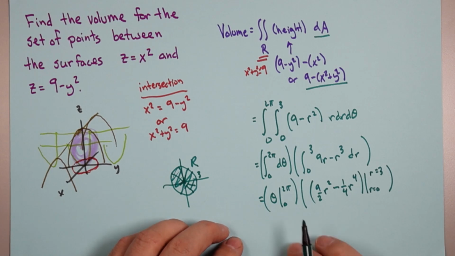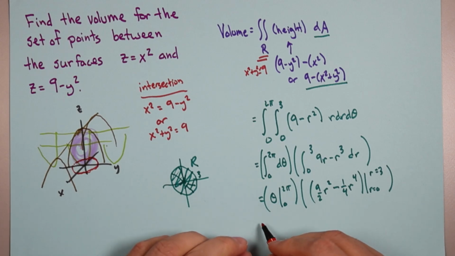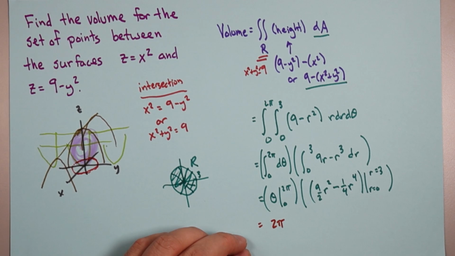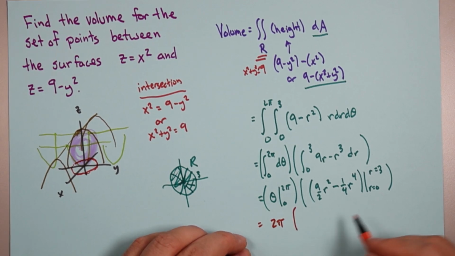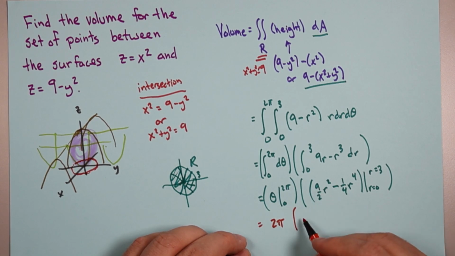All right, almost there. To finish it off, for the first we plug in 0 and get 0, so we get 2 pi. And now we have 3 squared, that's 9, times 9 over 2. That makes 81 over 2.